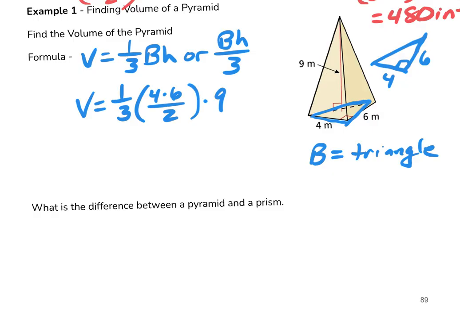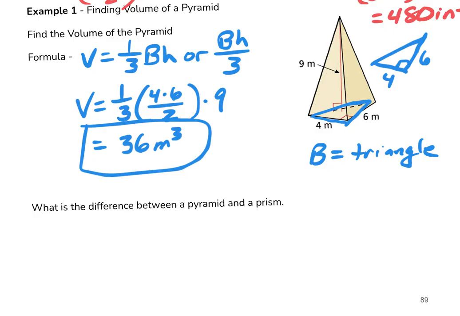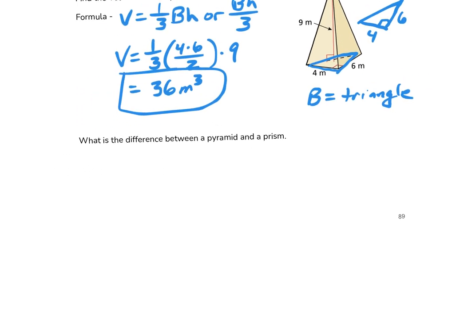Okay? We get 36 cubic meters. So main thing is just know how to put that into your calculator.